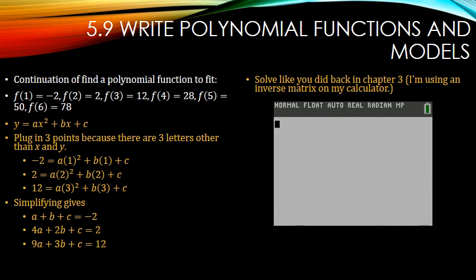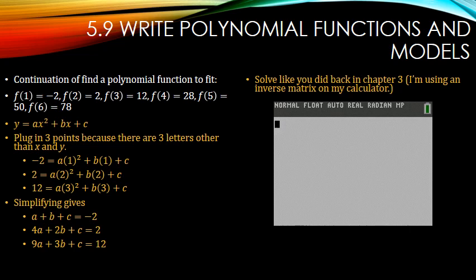Then we need a new matrix, so hit second matrix, and you want to edit matrix B, which is our constants. So it'll be 3 by 1, and put in our constants, negative 2, 2, and 12.